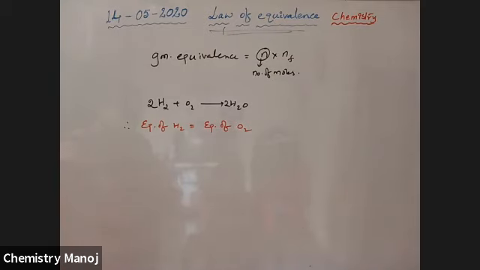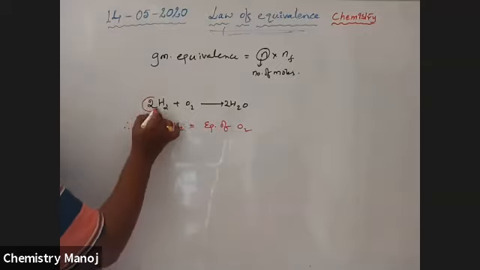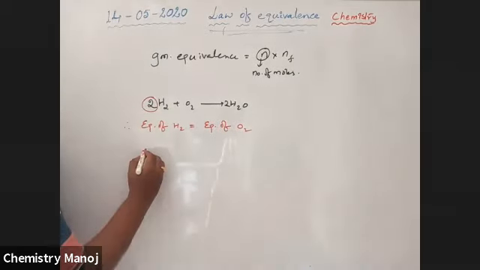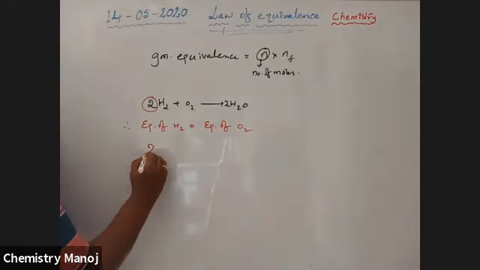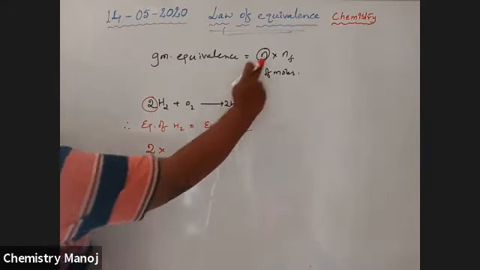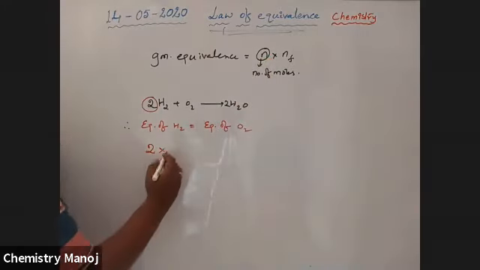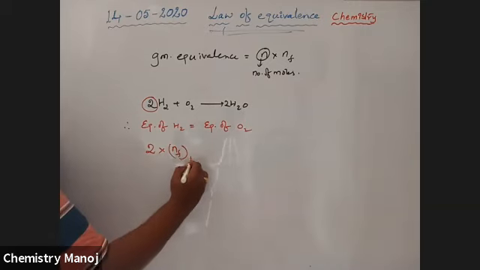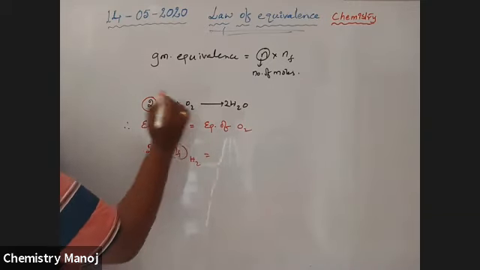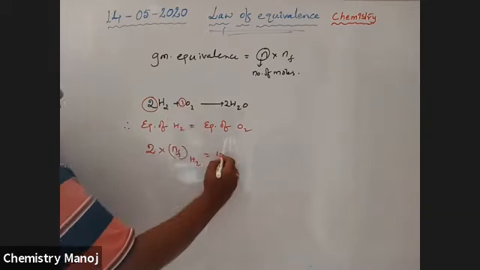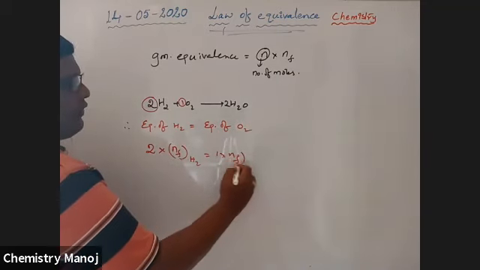Now, how many equivalents? It is 2 moles of hydrogen. That means 2, the number of moles, into n factor for H2 is equal to 1 into n factor for O2. Here the n factor is 1.